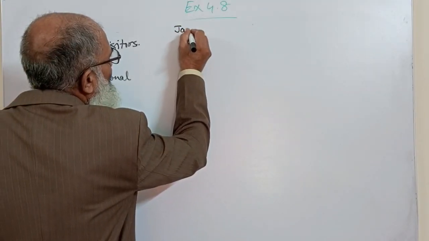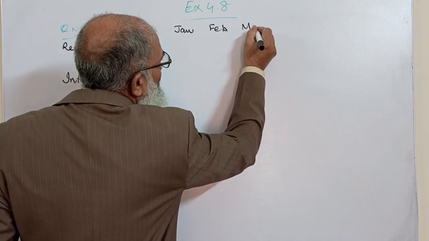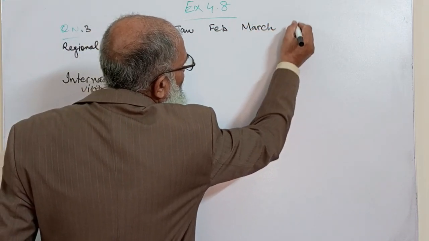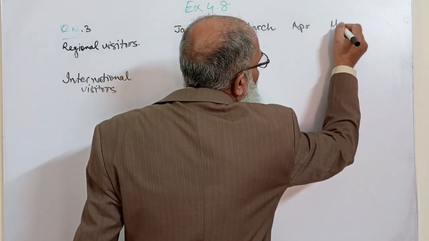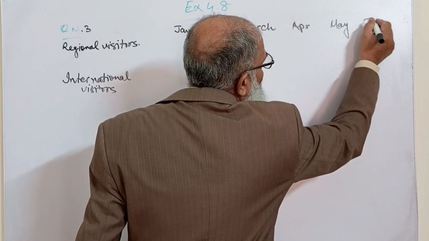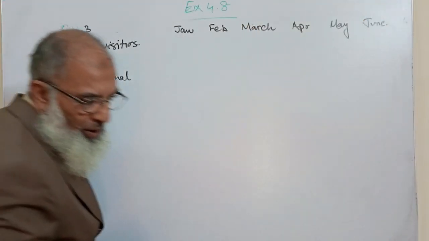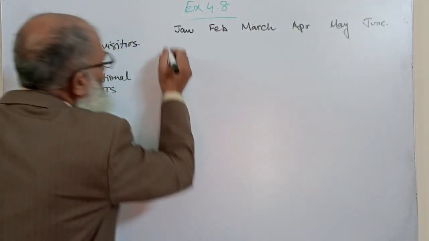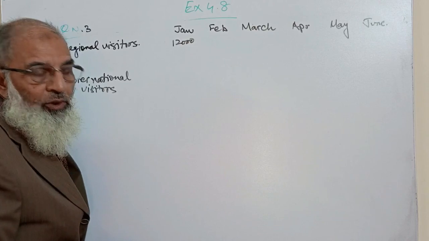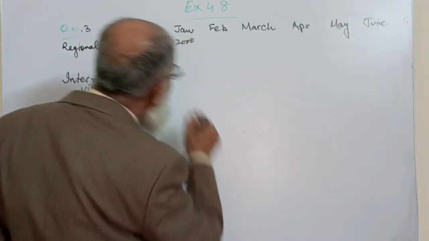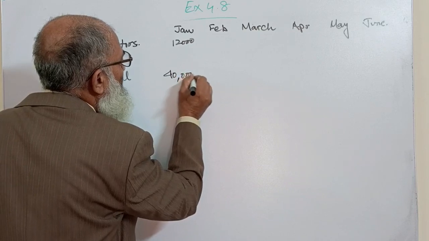Now there are 6 months: January, February, March, April, May, and June. In January, 12,000 local visitors and 40,000 international visitors. Wow, good.